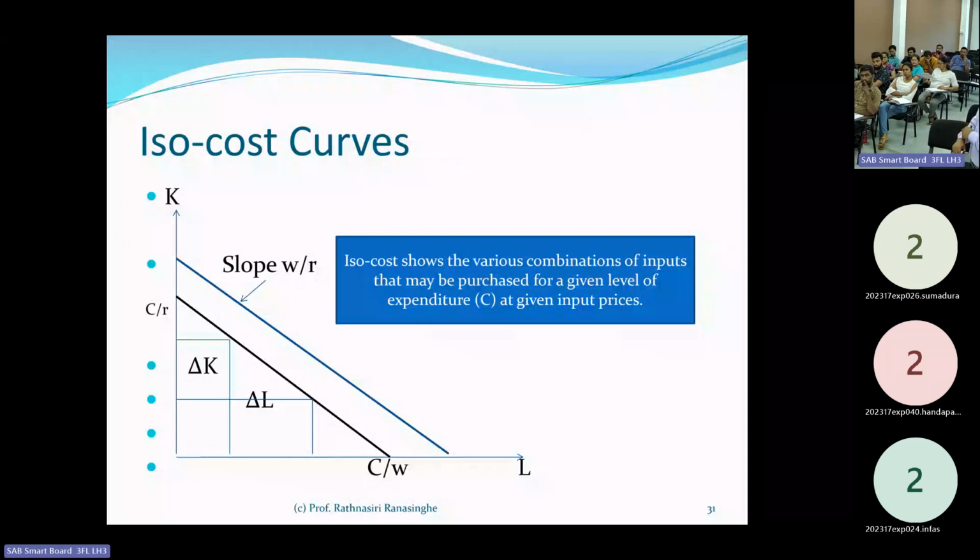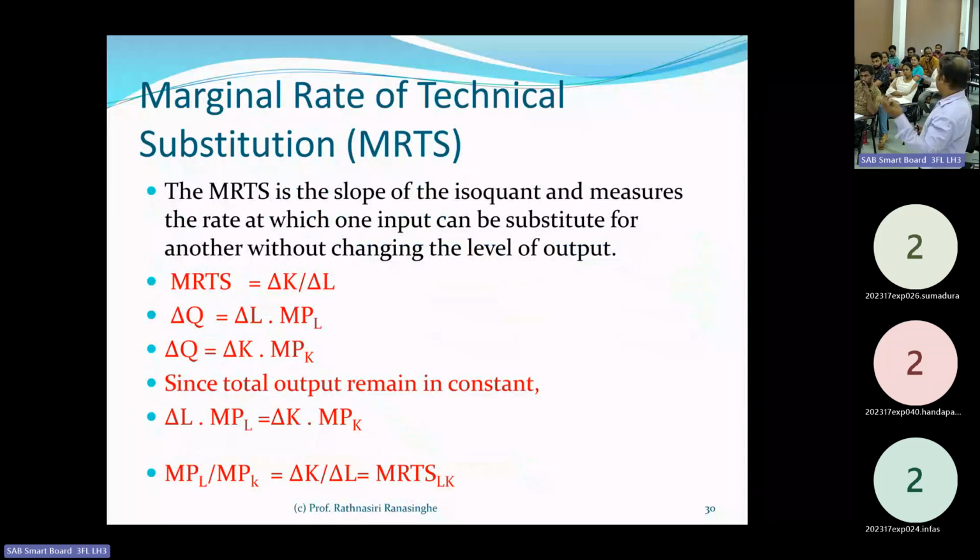Here we talk about productivity, that means with respect to a change in labor and capital, how the output is going to change.